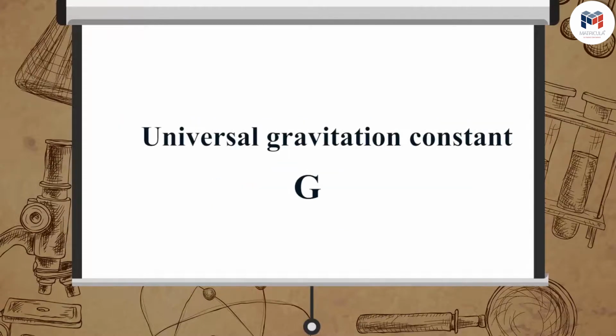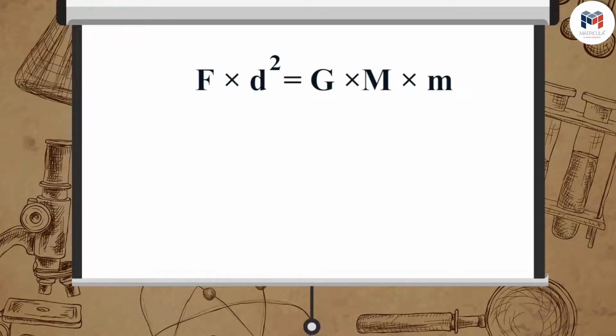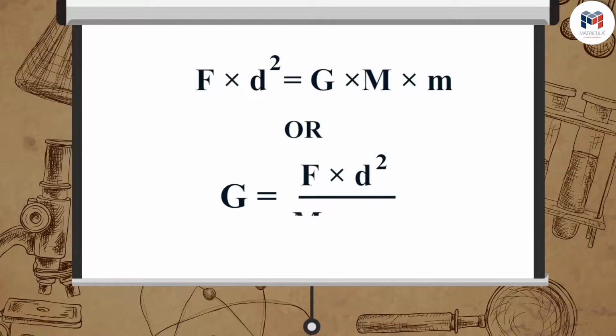Now, let's see the mathematical formulae for universal gravitation constant G. From this equation, we can get F multiplied by d square is equal to G multiplied by m multiplied by m, or G is equal to F multiplied by d square upon m multiplied by m.